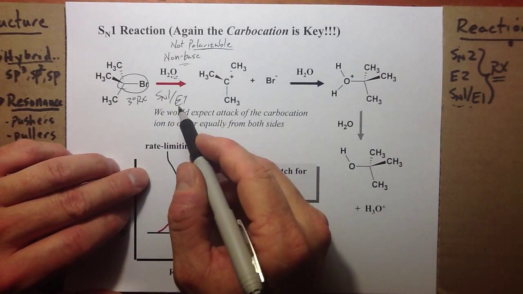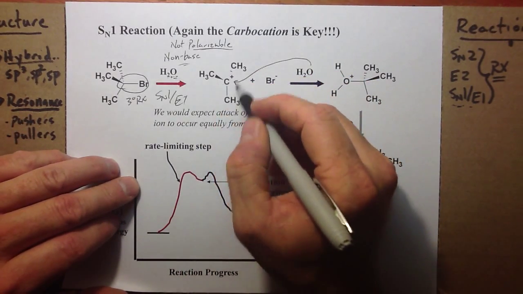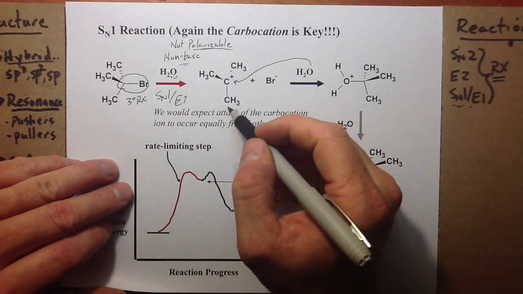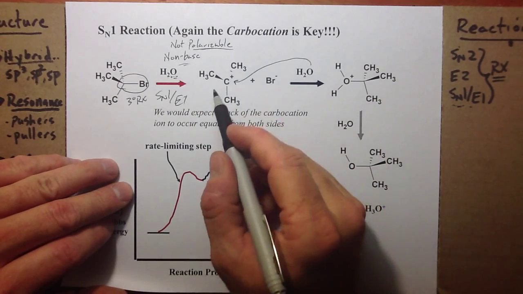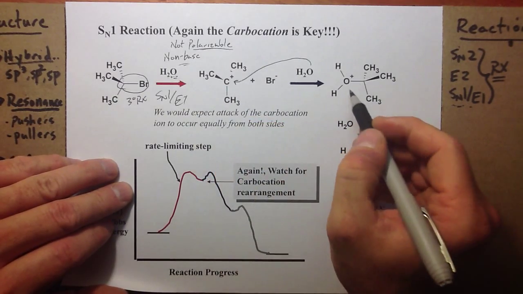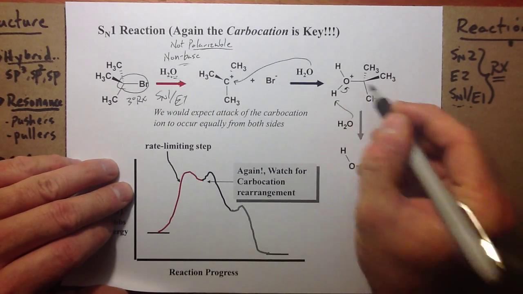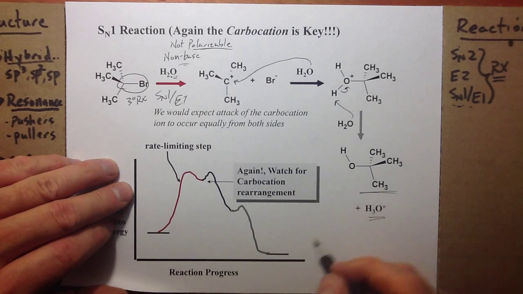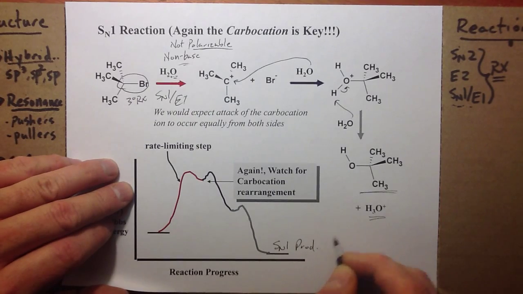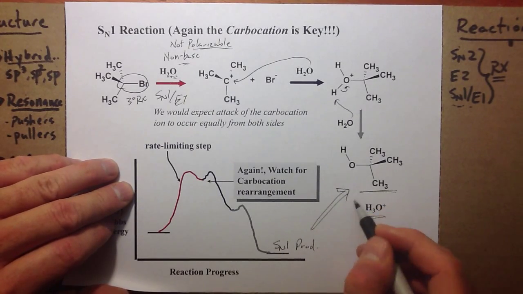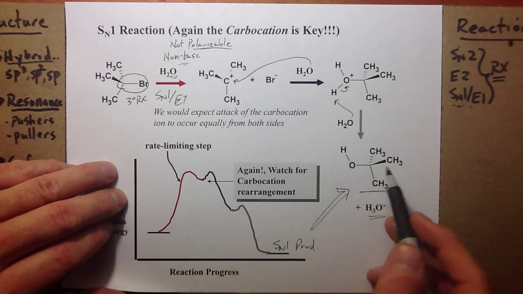We've seen the E1 product. We attack not the protons, that was on the last slide, E1 product forming, but we now have just a direct attack on the carbon where, from either side, we can make our oxonium ion, and we have loss of the proton to give us our neutral product, our SN1 product, which is right here, this alcohol, which would not be boiling out of solution at high temperature.